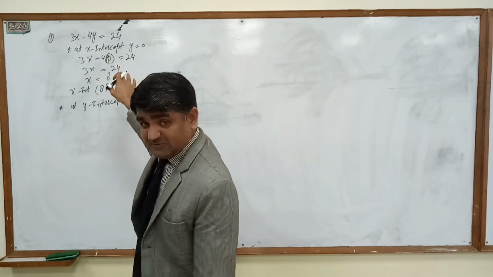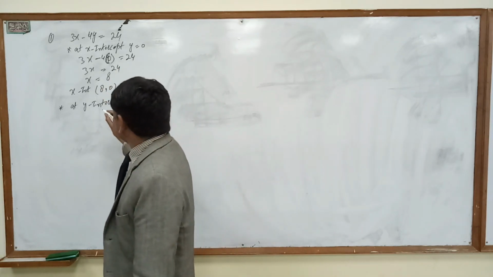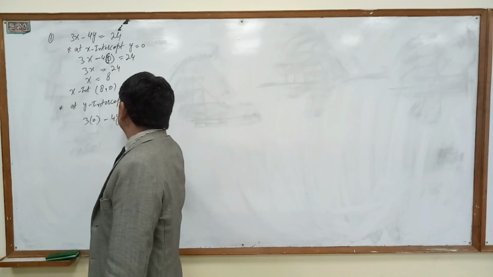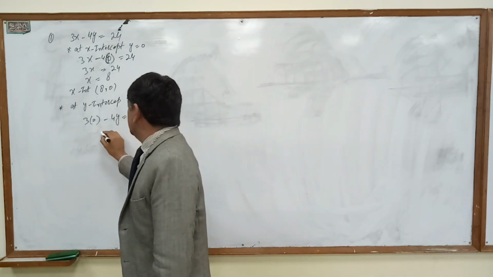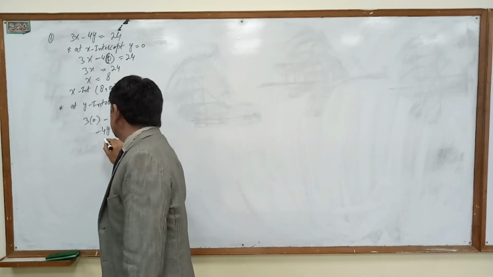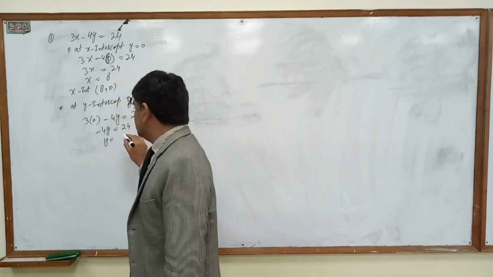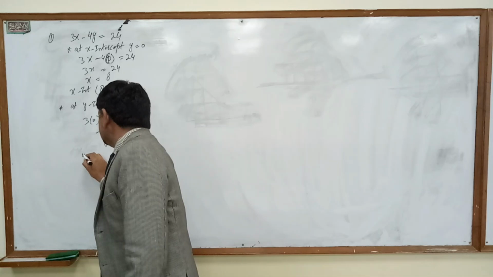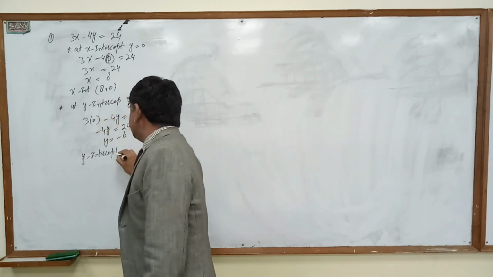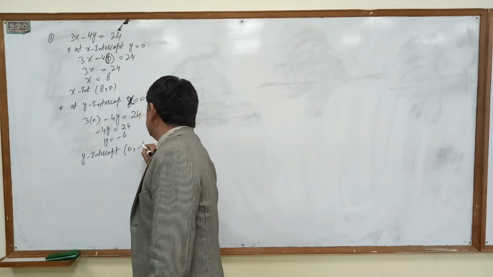But we need to simplify first. So, 3 into 0 minus 4y is equal to 24. So, minus 4y is equal to 24. What's the answer? y is equal to minus 6. So what is y-intercept? 0 and minus 6.